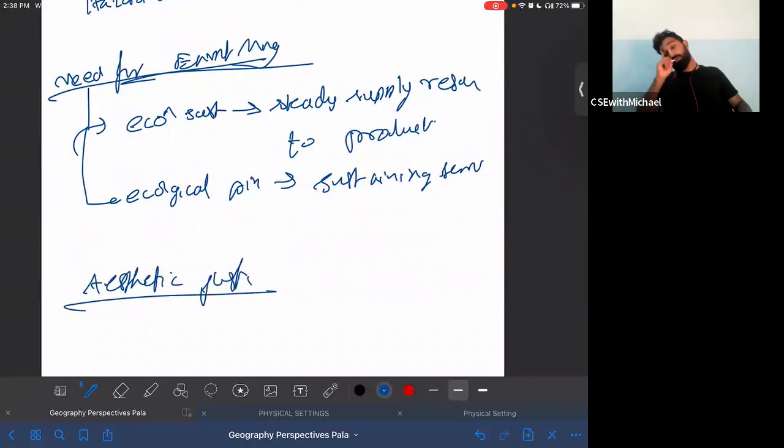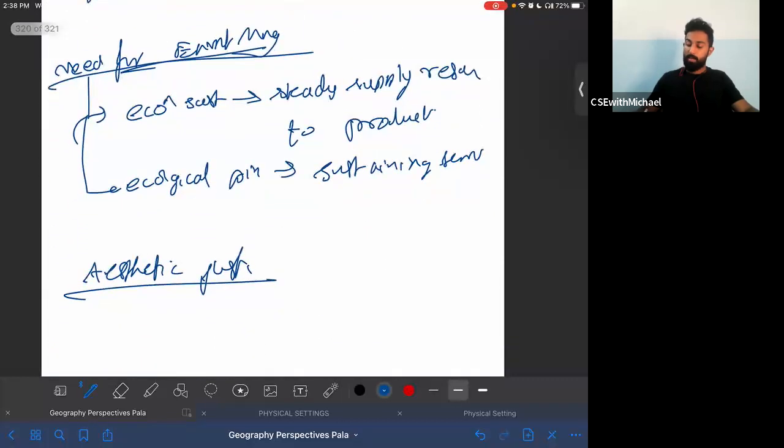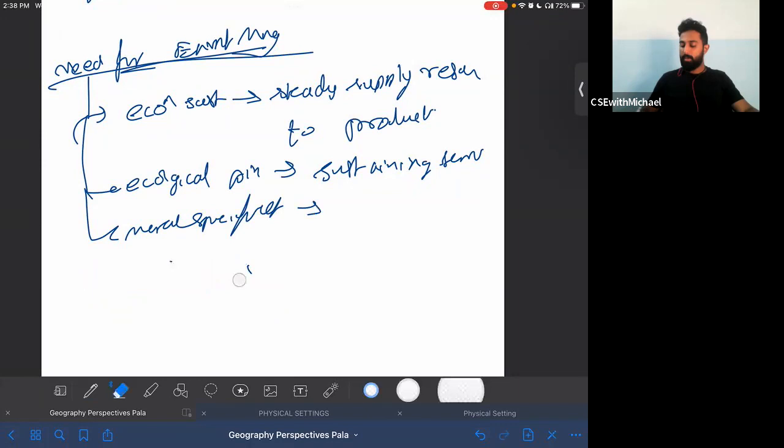The need to protect forests, hilly regions, etc., can be seen from an aesthetic perspective also. There is moral justification, which will include that every species has the right to live, things like that. And cultural justification, because every environmental aspect has a cultural meaning attached to it.